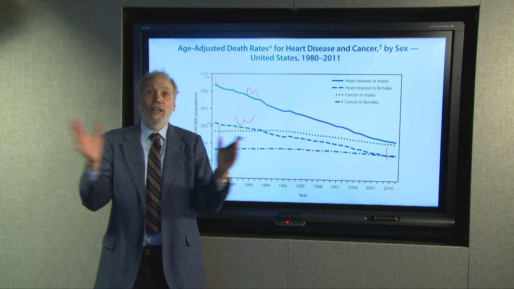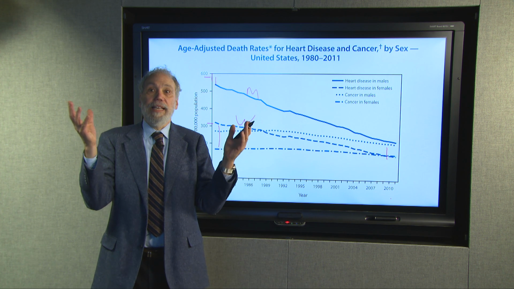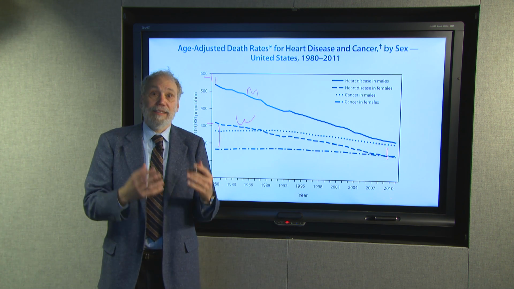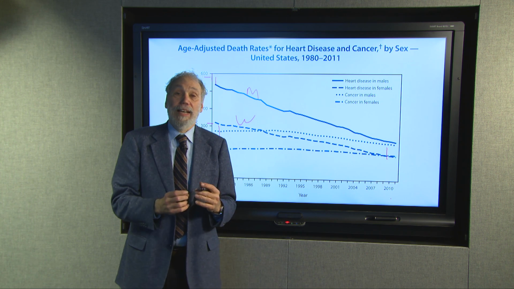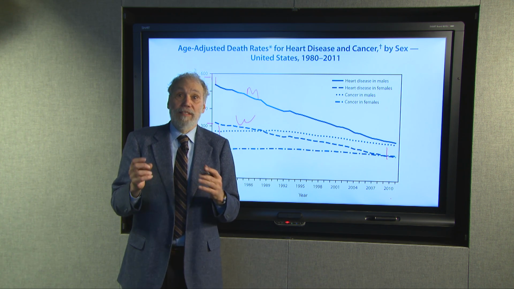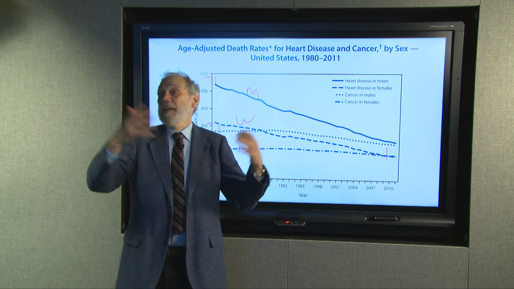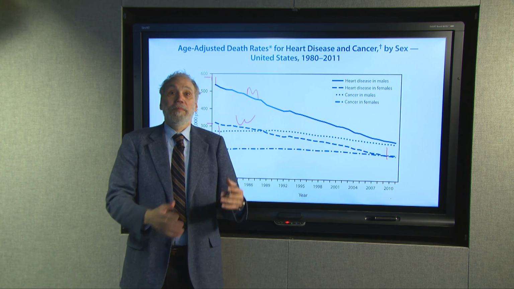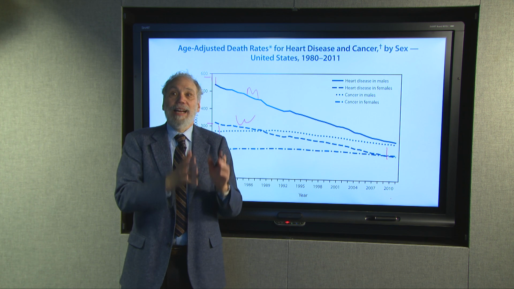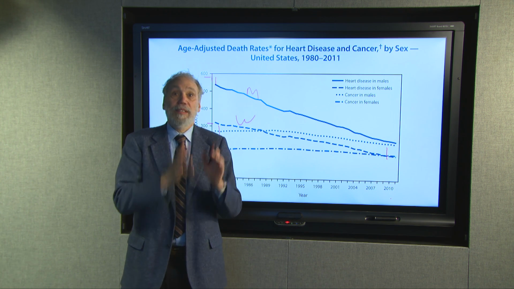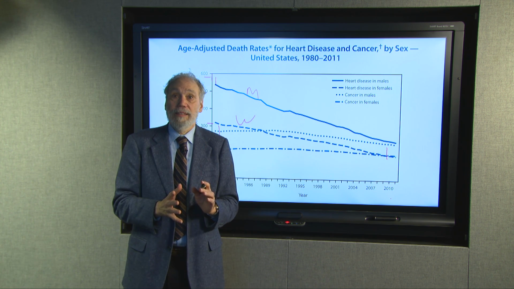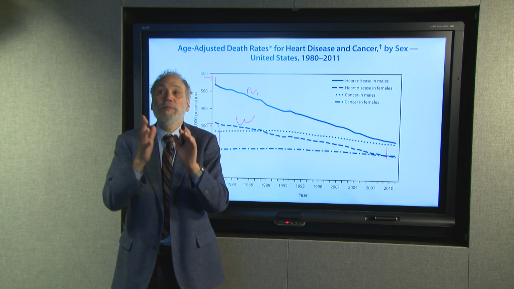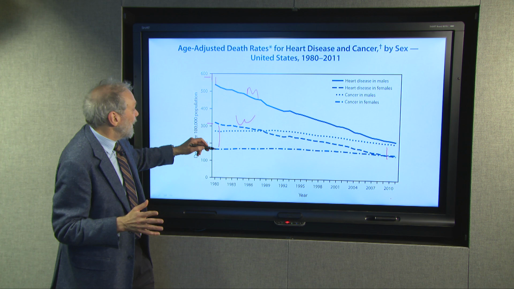If I had a coefficient B for the effect of sex on the risk of dying of cancer in my regression, and let's say when I exponentiated it, I got 1.2. That says men die at 1.2 times the rate of women. That proportionality is 1.2. But that's not true here.